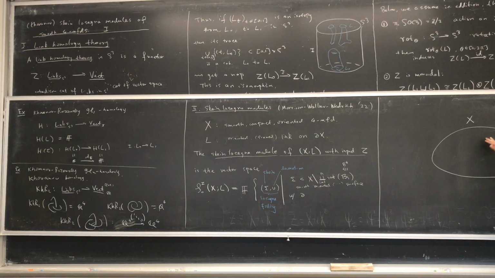So I have my four-manifold, and I have a link on its boundary. My skein will be some surface in the interior, but outside a finite number of balls. The boundary of the skein, on the boundary of my four-manifold, will exactly match this input link L we have.